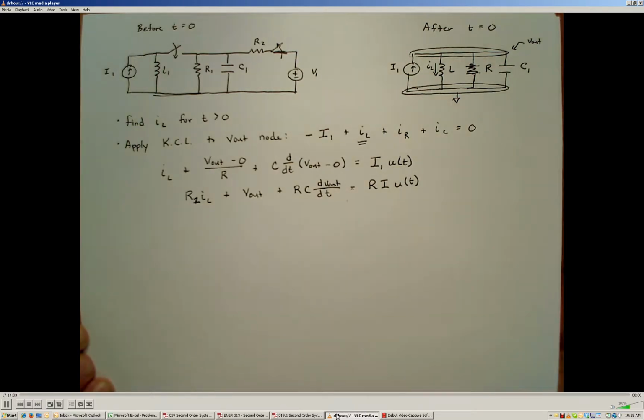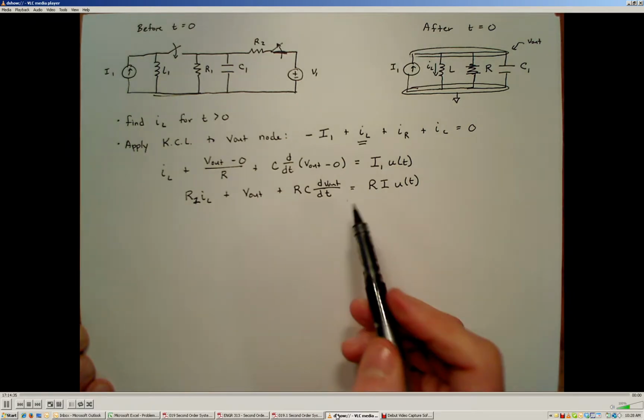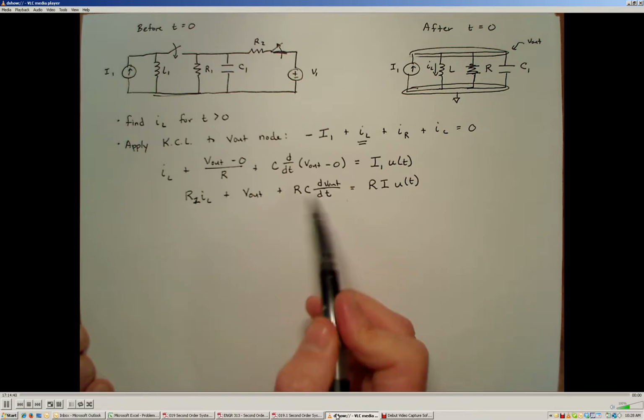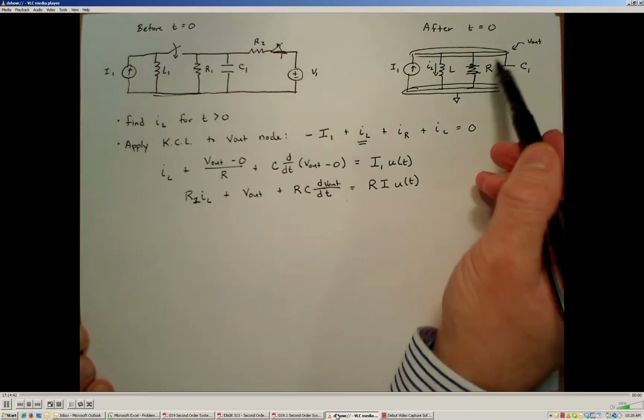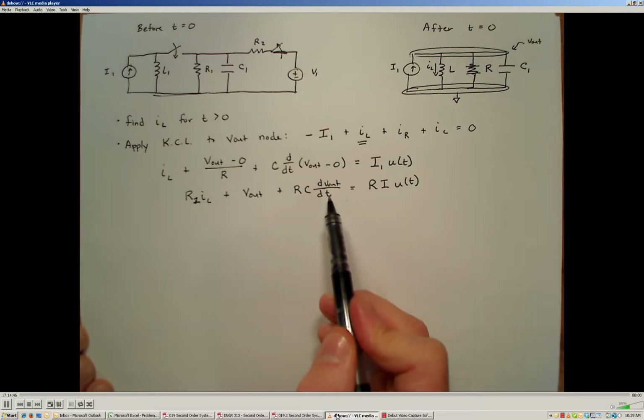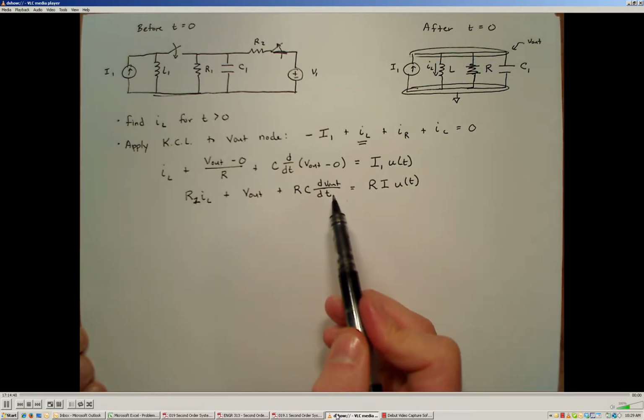Okay, so my differential equation now is taking form, but I still have a mixed form of the equation. I have both the output voltage at this node as well as the current through the inductor, but I want to get all of my terms in my differential equation all in terms of the current through the inductor.